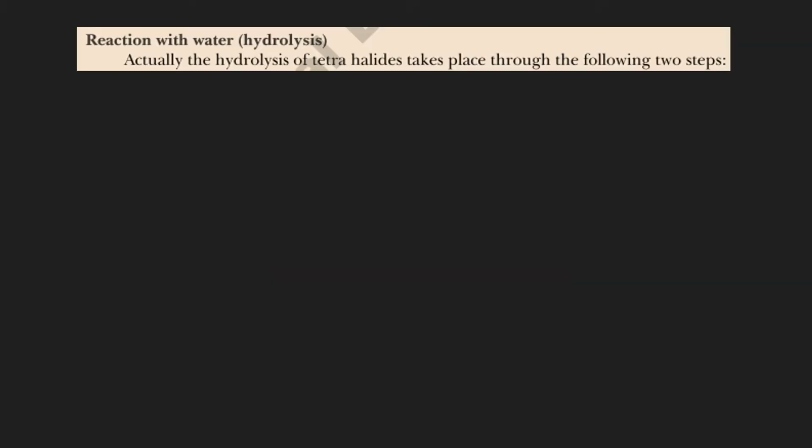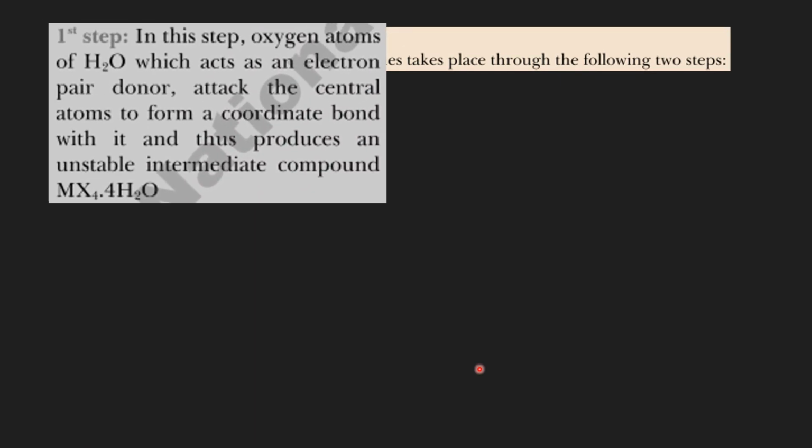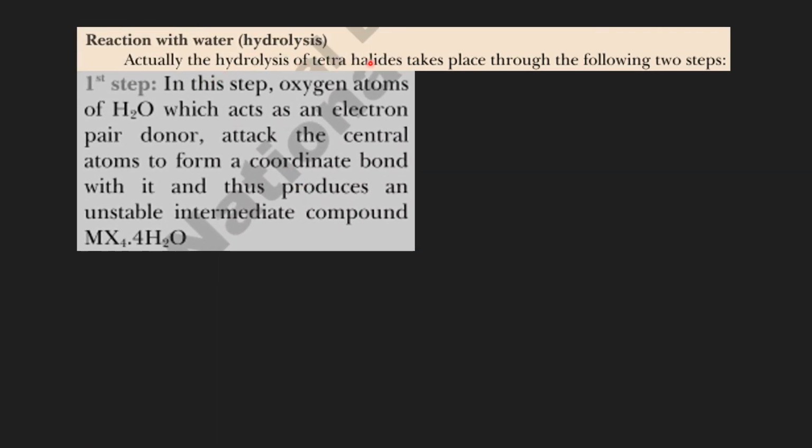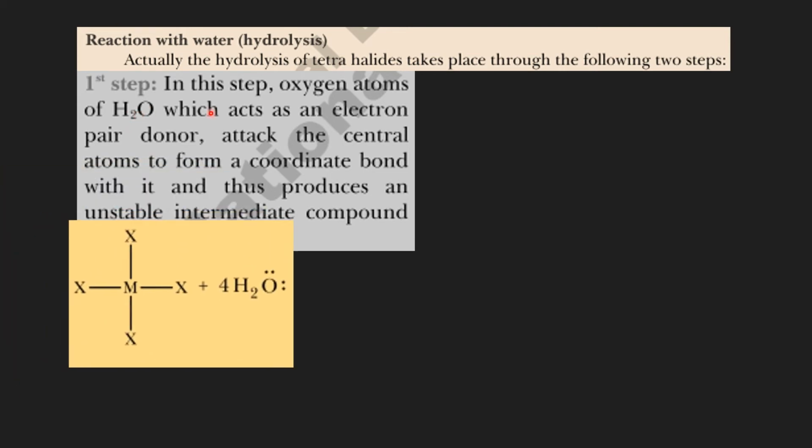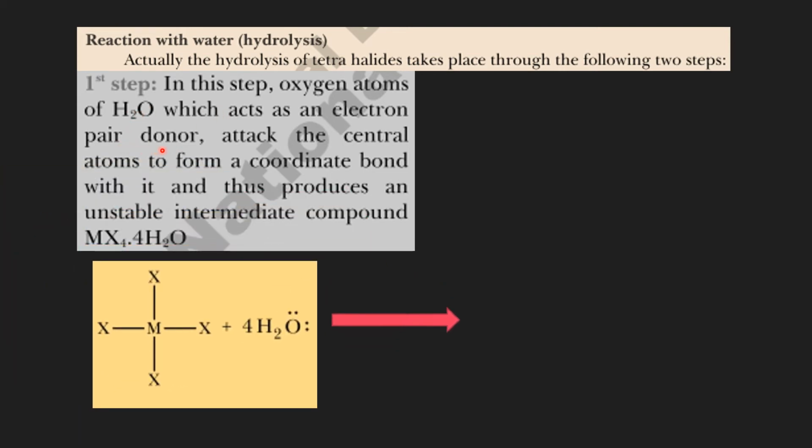And how do they react with water, how do they hydrolyze? Hydrolysis of tetrahalides takes place in two steps. In the first step, the oxygen atom of the water, which acts as an electron pair donor, attacks the central atom. This oxygen atom has a lone pair of electrons, and it forms a coordinate covalent bond due to the presence of this lone pair.